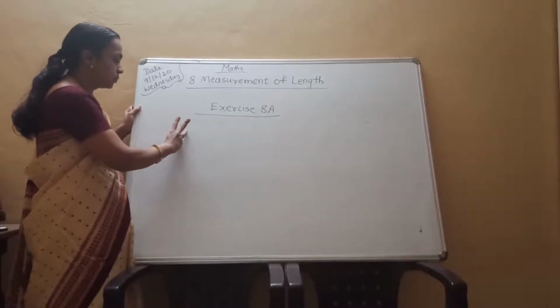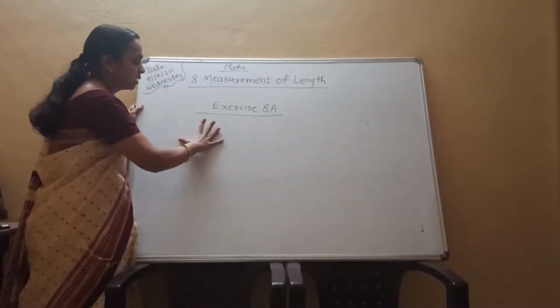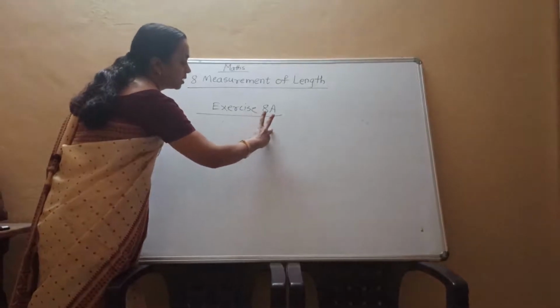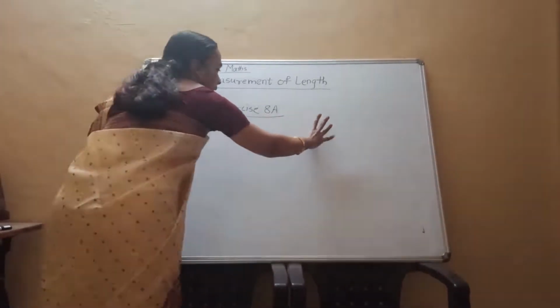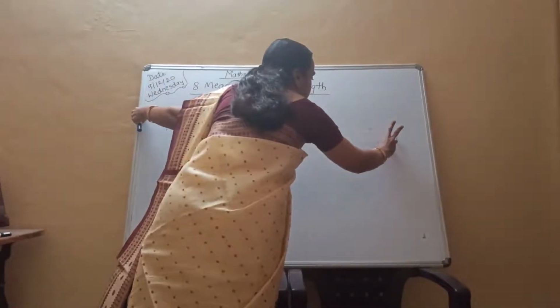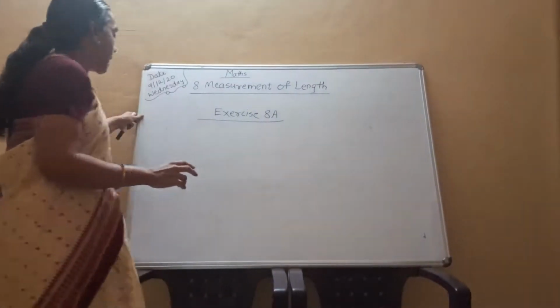So first you count 1, then 2, then 3, then 4, then 5, then 6 and 7. Total how many hand spans?